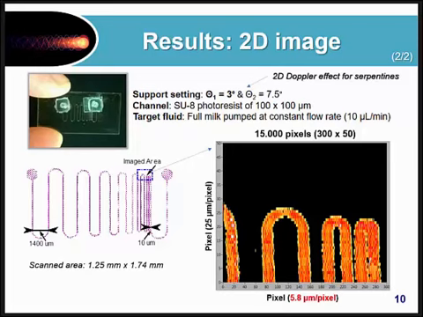We have here a picture of 15,000 pixels, 300 by 50. As we can see here, the resolution is 5.8 micrometers. And we can even validate the width of the microchannel. As we can see here, the measurement is around 116 micrometers.